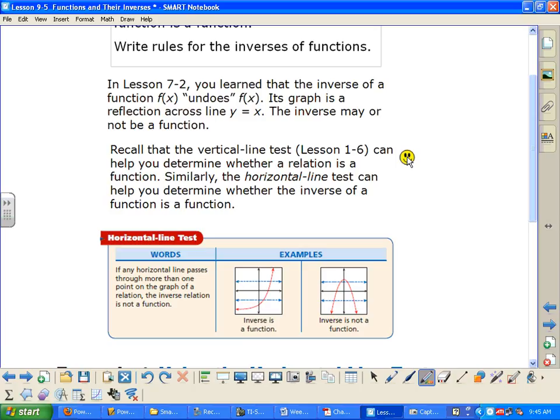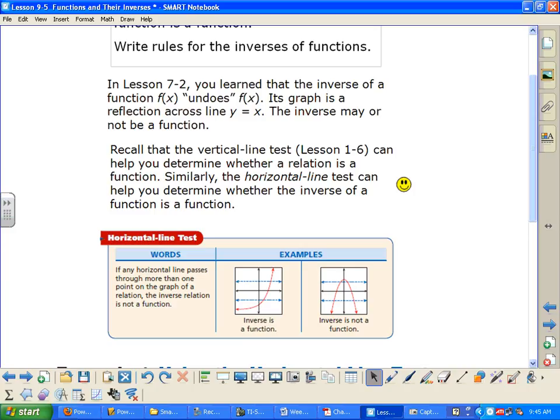And back in Lesson 1-6 in Algebra B, we did the vertical line test. And today we're going to look at what's called the horizontal line test to see if the inverse is a function. Okay. So what's the vertical line test tell us? If it's vertical, right, okay. But what does it tell us?